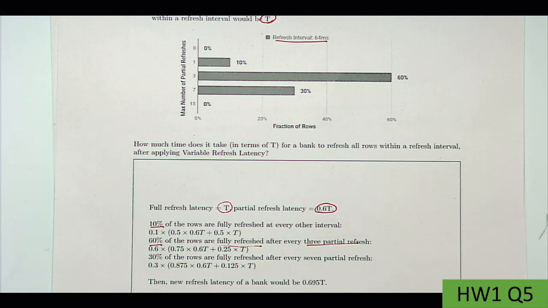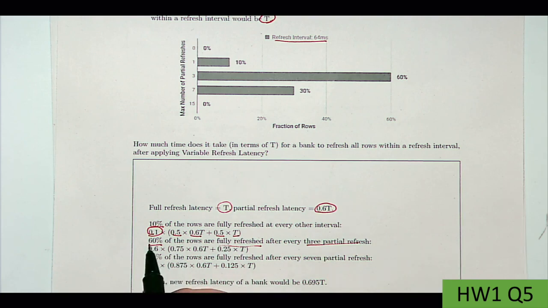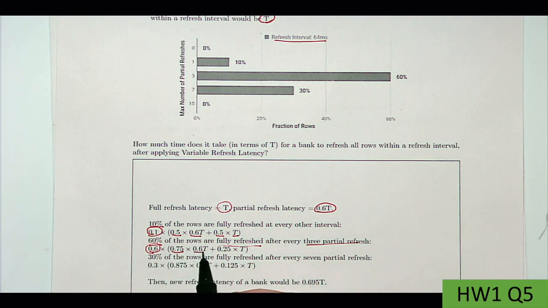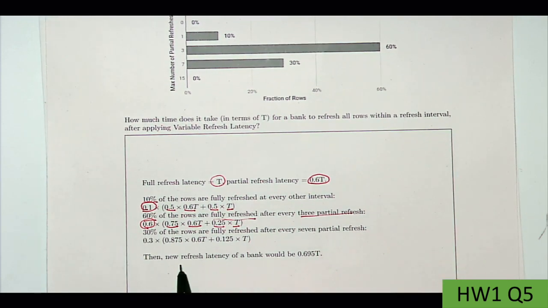So what I do here is, this 0.1 comes from 10%, and then half of them should be partial, half of them should be full, right? And for this one, 60%, 0.6, and then 75% of the refreshes should be partial, and 25% should be full refreshes. So I just calculate these, and then add them up, and then it gives me the refresh latency of a bank as this value.